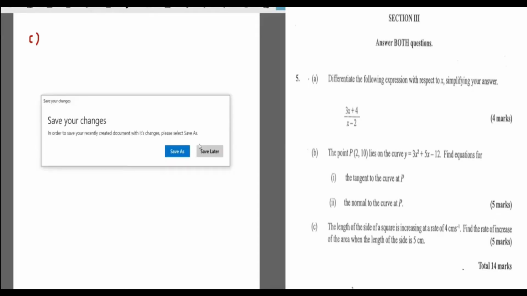So first thing I always want to write down is the length of the side of a square. I don't know how you want to define the length of a side of a square, I will define it as L. So let the length of the side of the square be L. It tells us that the length is increasing at a rate of 4 centimeters per second.